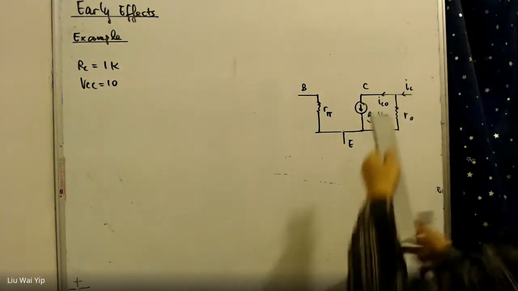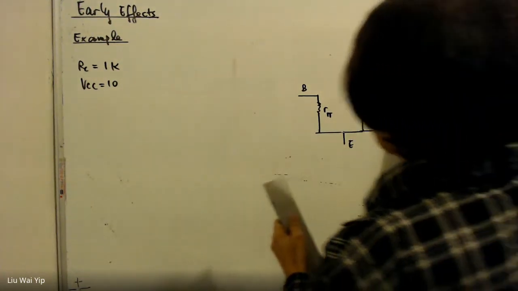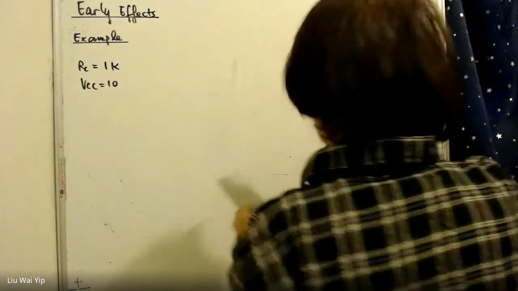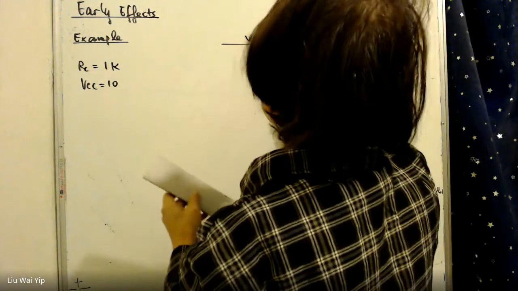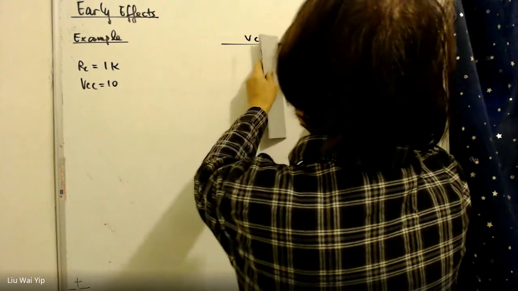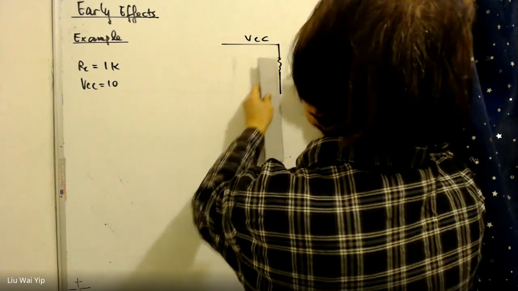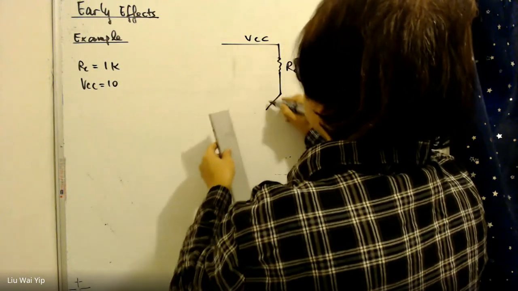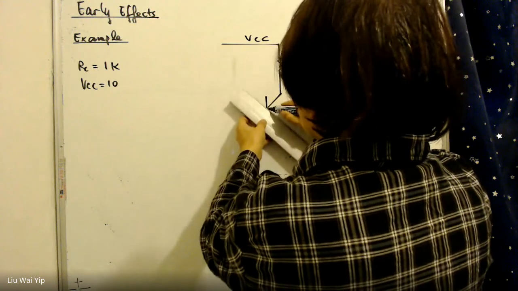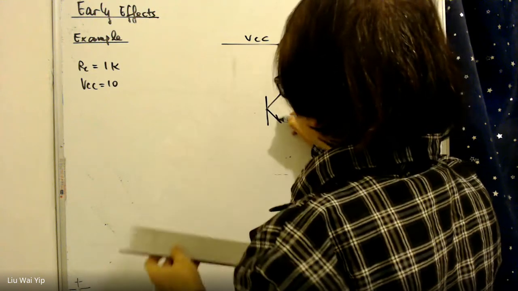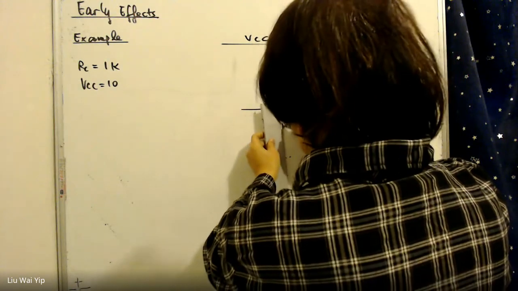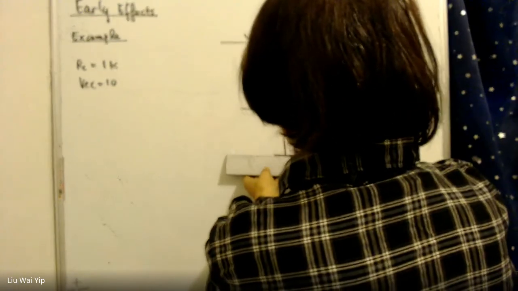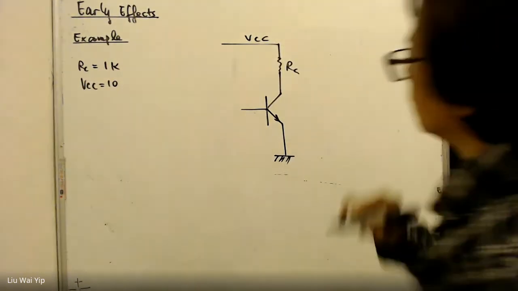For example, we know this model and we don't erase it. So the circuit is here, and you have a resistor RC. If they don't specify the collector current, this means you are the one who needs to find out the collector current.